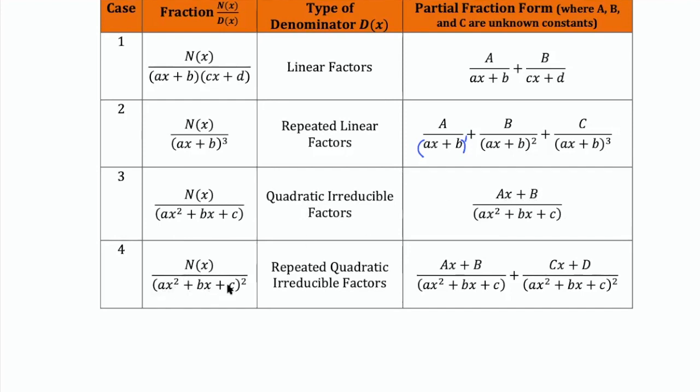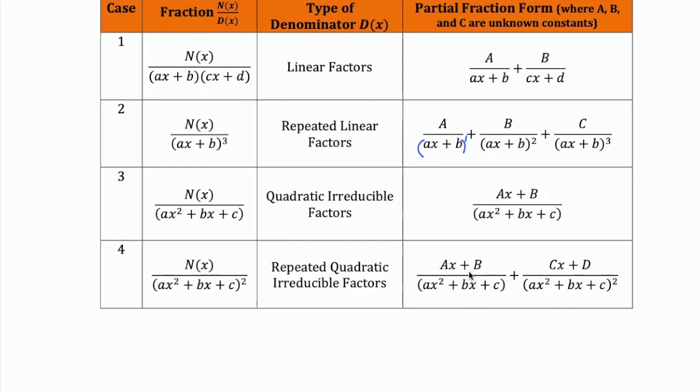If that irreducible quadratic factor repeats, if you get multiple of them, you handle it the same way you handled the repeated linear factors, where you're first going to write that irreducible quadratic to the first power, then you're going to write it to the second power, and again, when it's a quadratic, you always put something linear in the numerator.